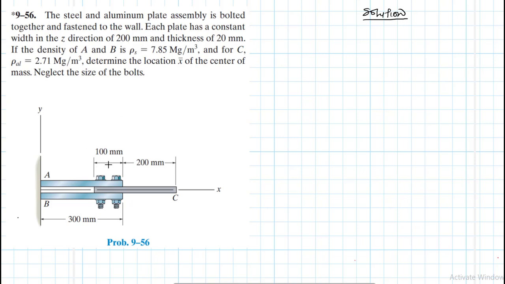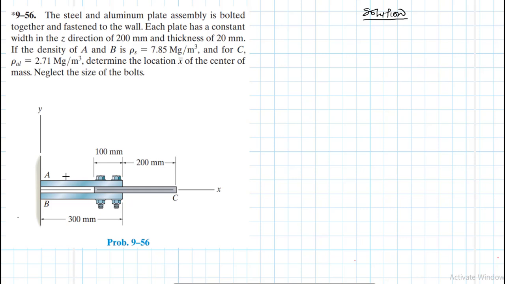So we have two materials, steel and aluminium. A and B are steel plates, and C is an aluminium plate. A and B have the same density and they are homogeneous, which means their local centroid locations coincide with the center of mass.